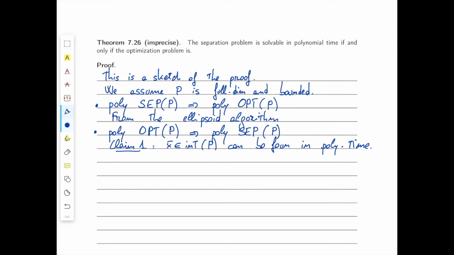So how can we show claim 1? Well, we only need to find n affinely independent points in P. Let me write it.